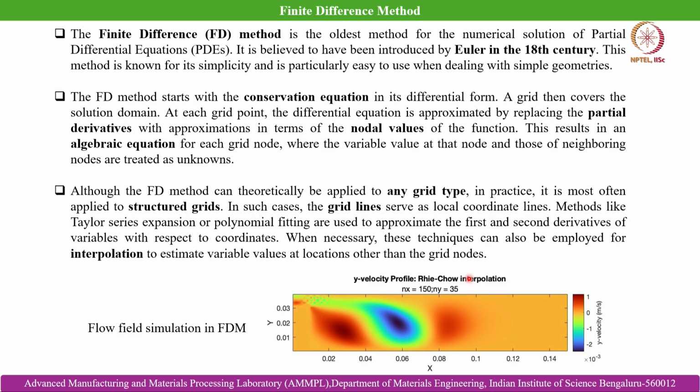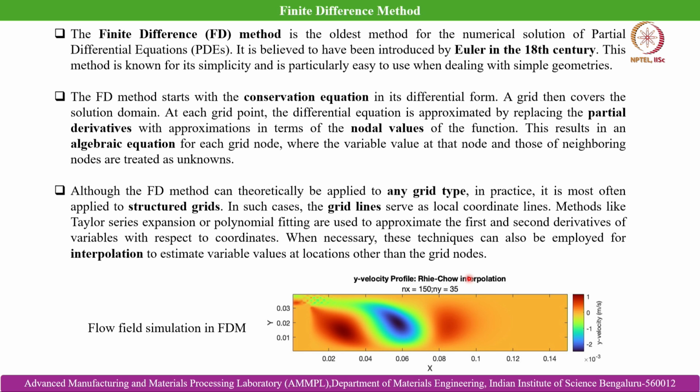So with this we will start with the finite difference method, which is one of the basic methods to achieve numerical solution of PDEs, and it is believed to have been introduced by Euler in the 18th century. This method is known for its simplicity.